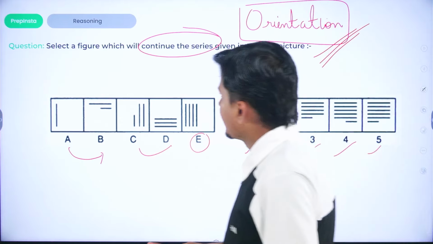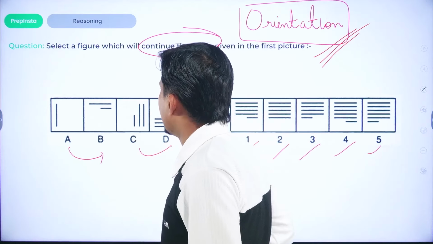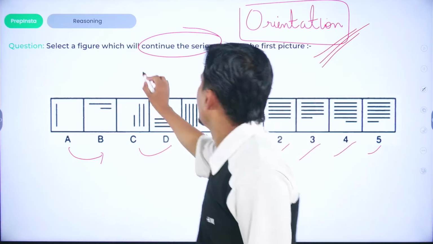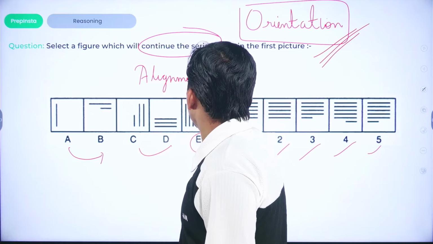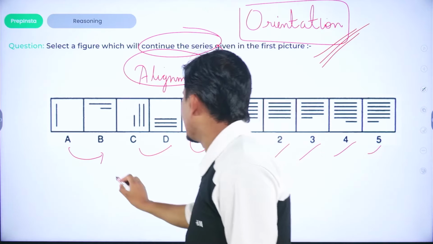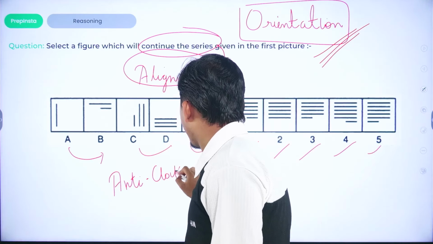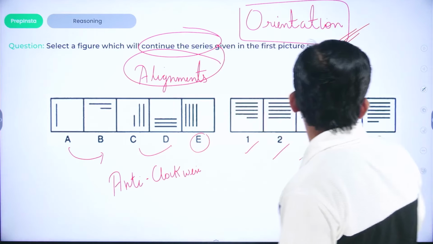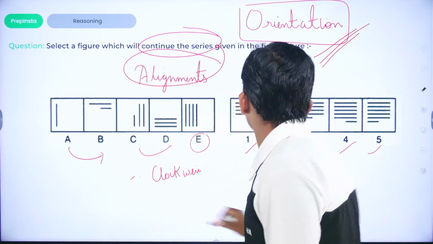At first we are given this particular line and the alignment is being changed. How is the alignment being changed? First of all you need to understand the alignments of the figures. If you notice, the alignment is changed in the clockwise direction.